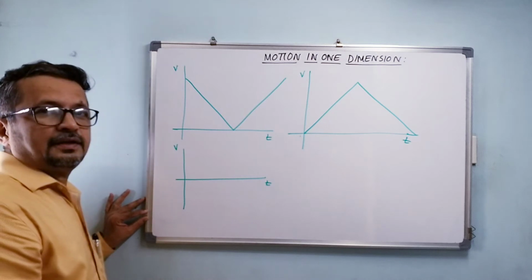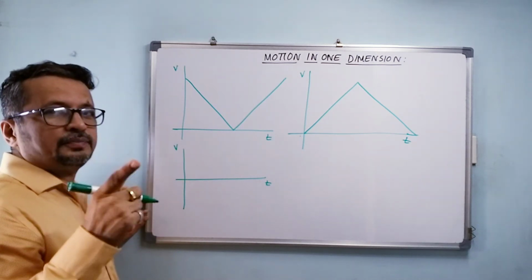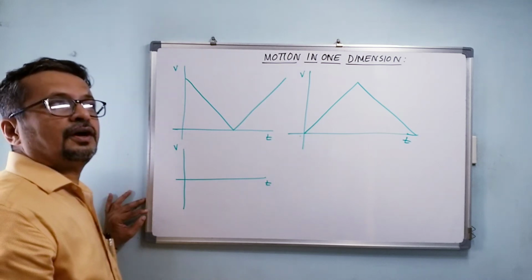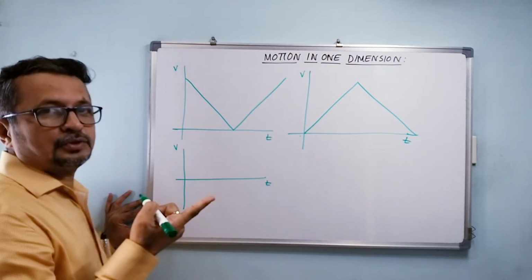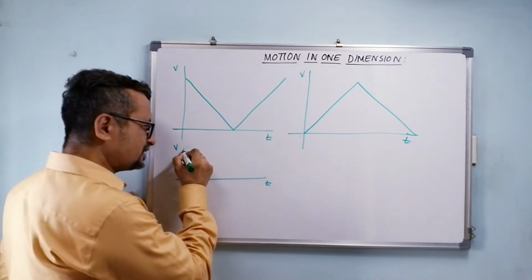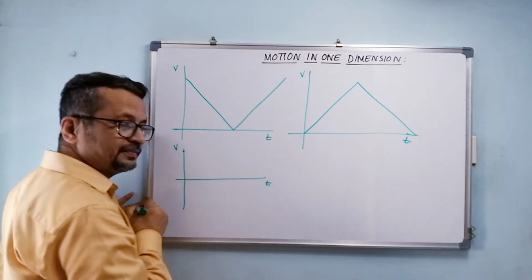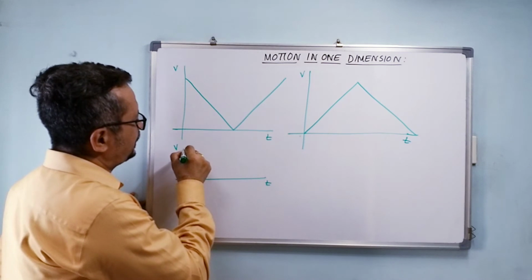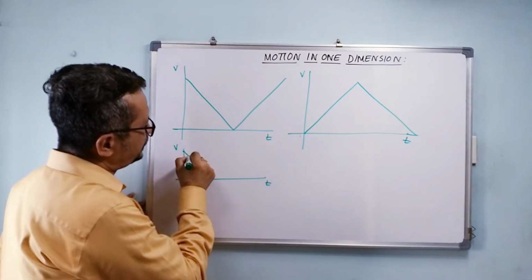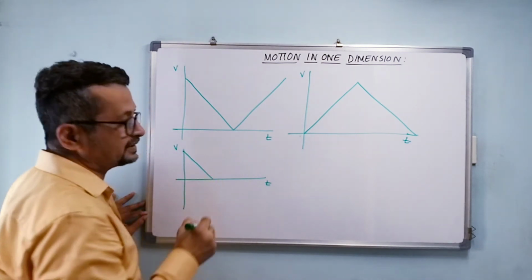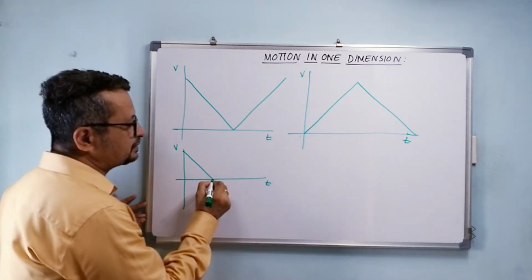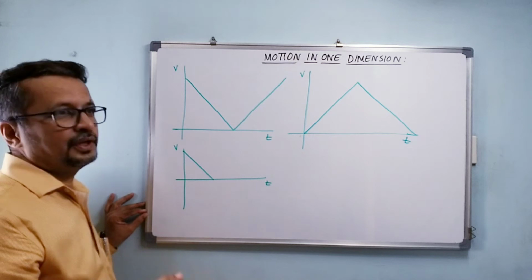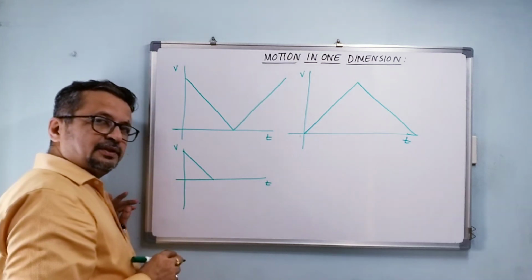Okay. The object is projected from ground. It has got some initial velocity. And as it moves up, its velocity goes on decreasing, and at this maximum height, its velocity became 0. And now what happens?